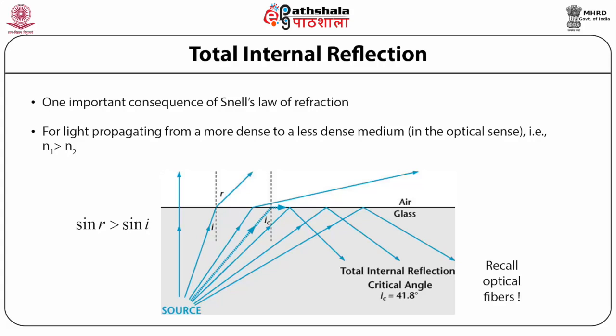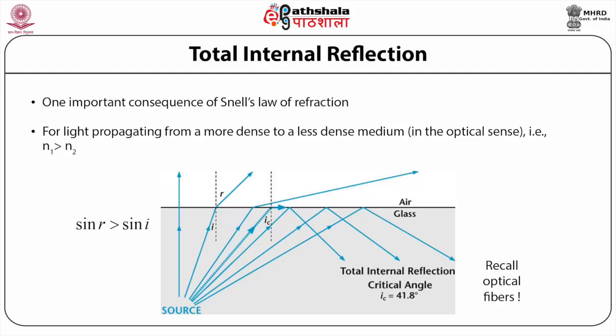So when the incident angle I is such that your refracted angle R is either 90 or larger than 90, the light remains in the same medium, it doesn't propagate to the other medium. This property of light is called total internal reflection.